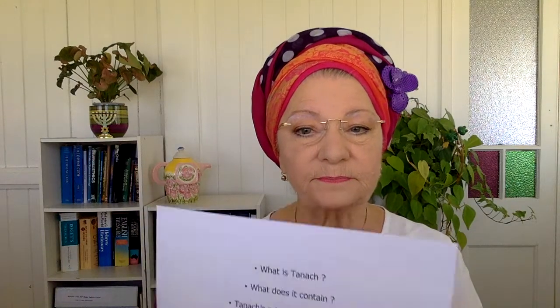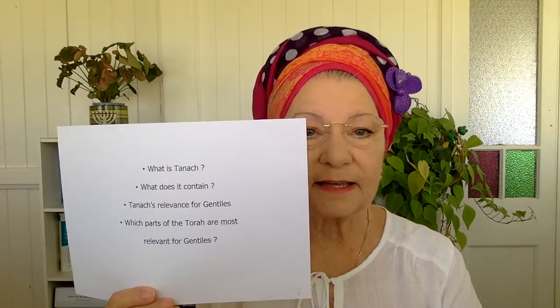So we had an overview of Tanach, and what we discussed in that was: what is Tanach, what does it contain, the Tanach's relevance for Gentiles and Noahides, and which parts of the Torah are most relevant for Gentiles or Noahides to study.